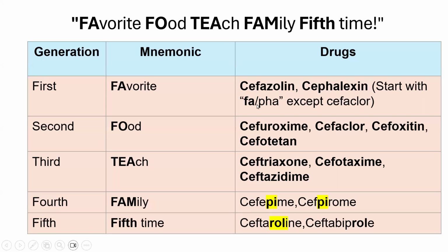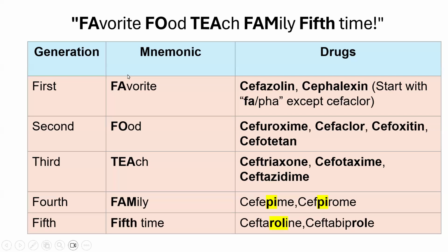The second generation mainly: cefuroxime, cefaclor, cefoxitin, cefotetan. And third generation: ceftriaxone, cefotaxime, ceftazidime. Fourth generation, the main drugs are cefepime and cefpirome, so it contains 'PI'. And fifth generation is 'ROL': ceftaroline, ceftobiprole.